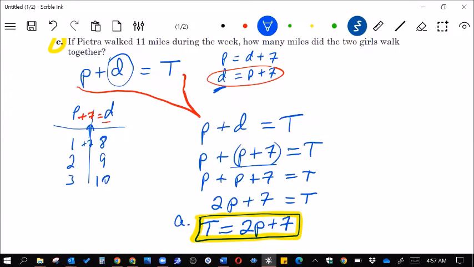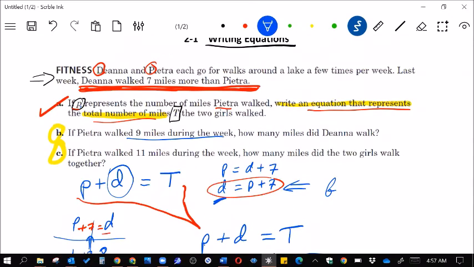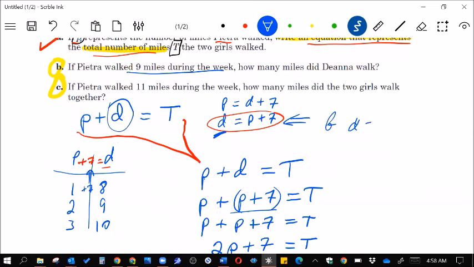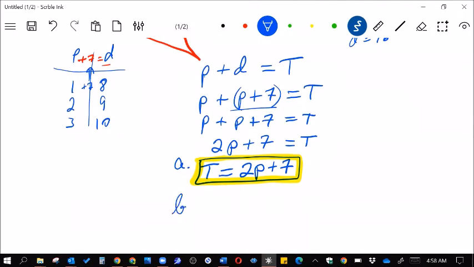Well, that's back to this one. So the B answer was, Pietra walked 9. How many did Deanna walk? Deanna equals 9 plus 7, because that's the P. So that's 16. I'll put that underneath this one. B is 16 miles.